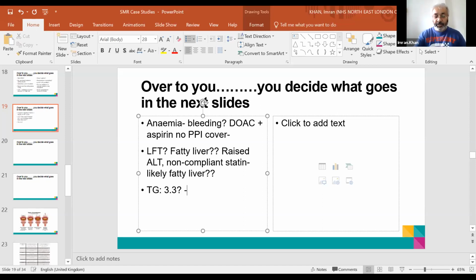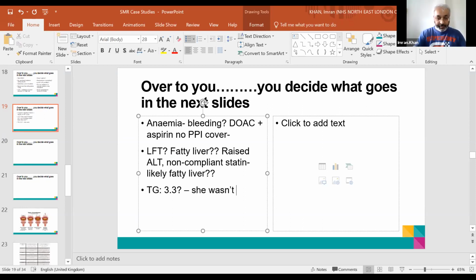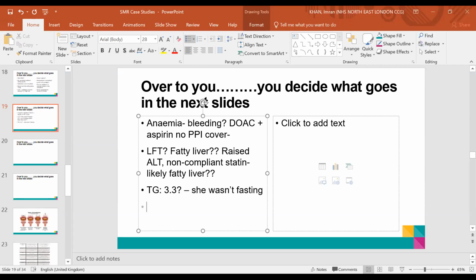What could be the cause of that, Jules? Anybody? Why could this patient potentially have had a raised triglyceride? She wasn't fasted. That's right. Non-fasting. If you're not fasting, you can have a raised triglyceride, and if you go fasting, it might be normal. Remembering your TGs are what's in the blood that's swimming around.